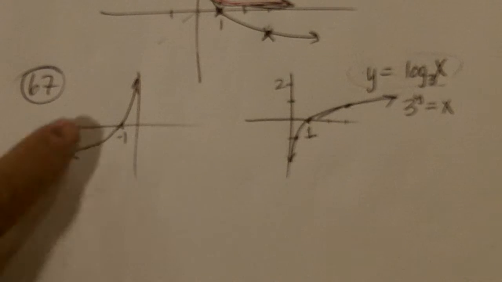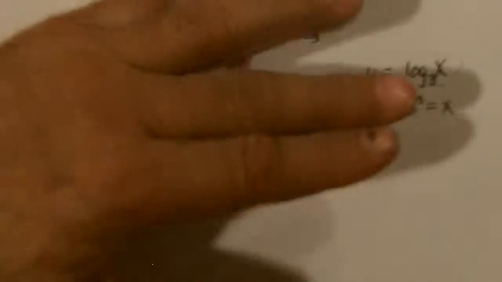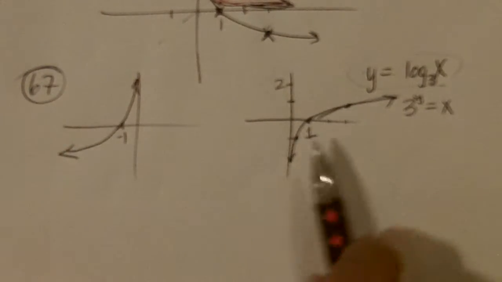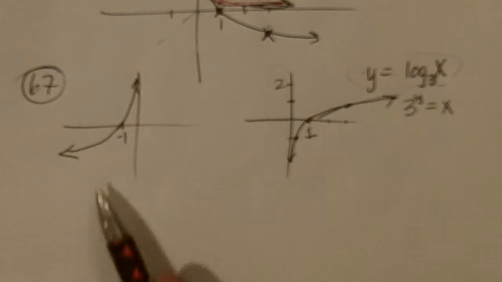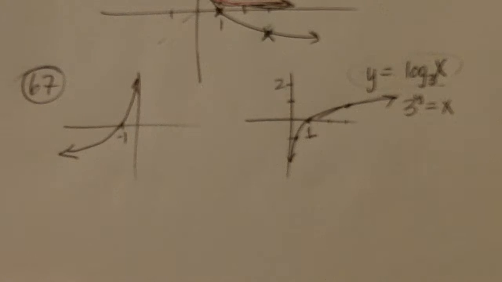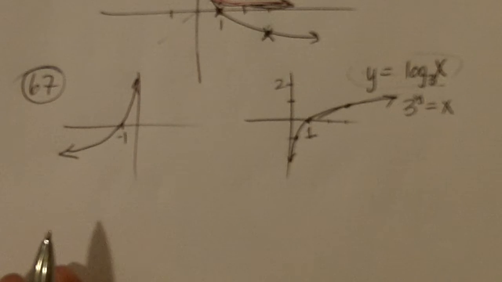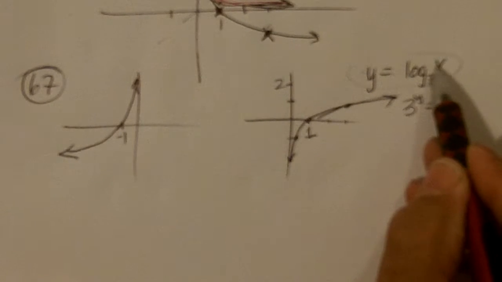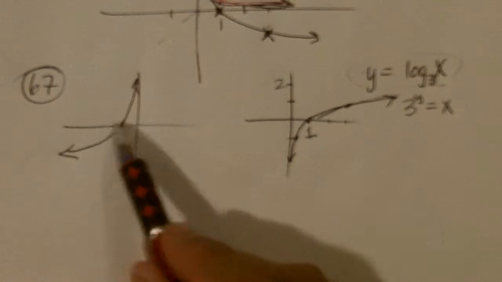Now this one looks like this one flipped over so that it goes this way, and then flipped over the y-axis to go this way. So that would mean that we have to flip it both over the x and the y.